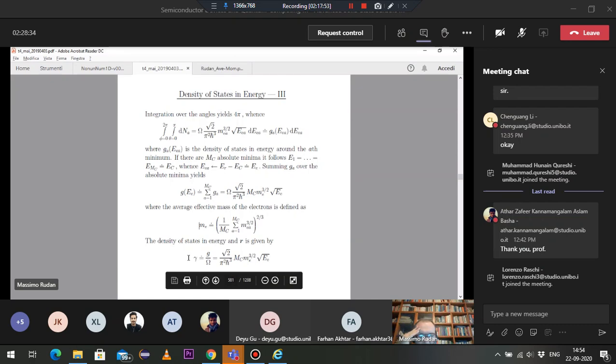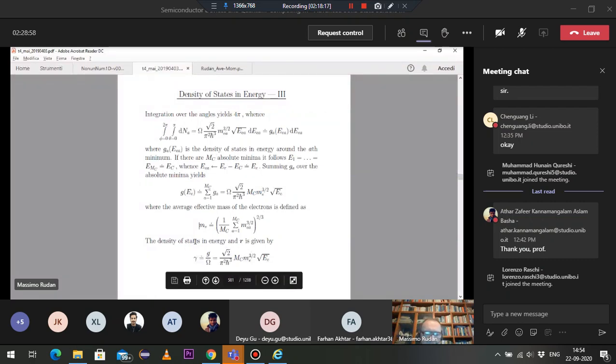So we introduce another symbol, gamma. Gamma is the combined density of states in energy and physical space. It is simply G over the volume. So it is given by this expression. It's constants times the square root of energy, okay?